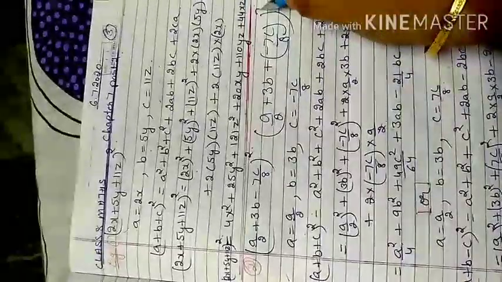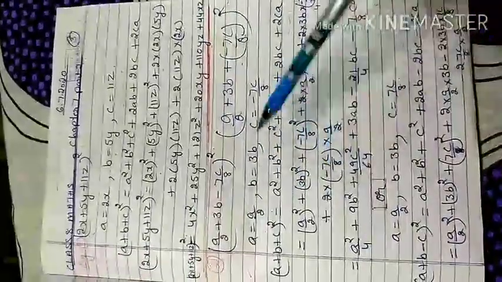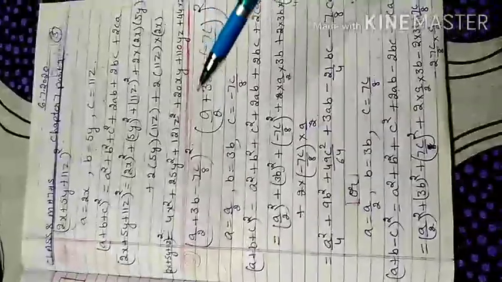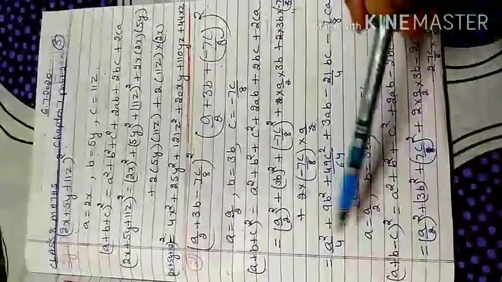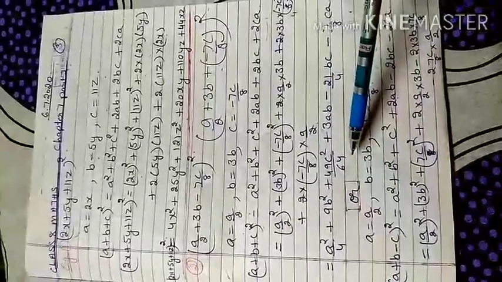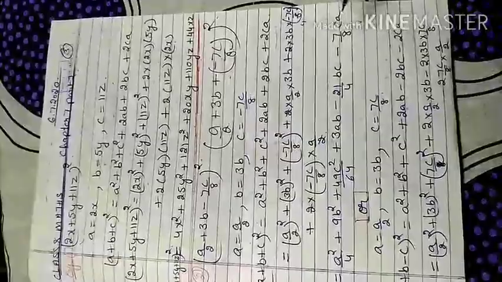So I apply the formula, replacing the a, b, c values on the left side and right side as well. So I got the required answer: a square by 4 plus 9b square plus 49c square by 64 minus 3ab minus 21 by 4 bc minus 7 by 8c.